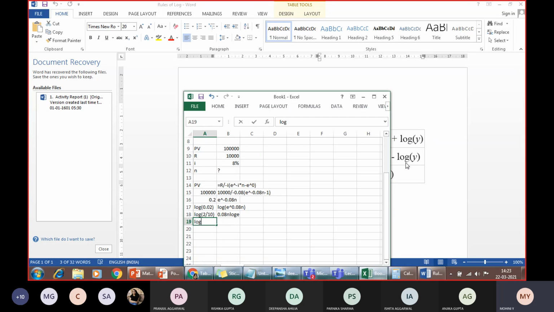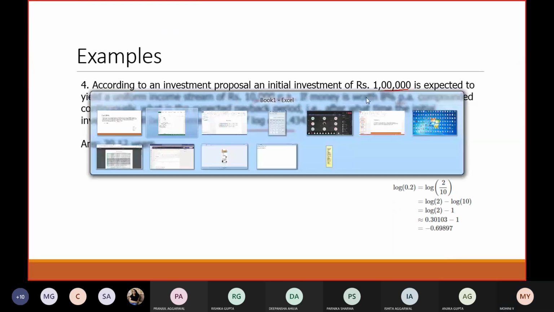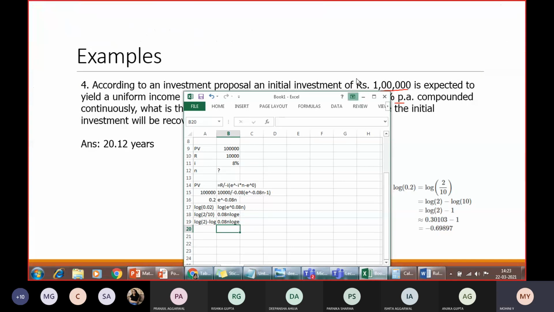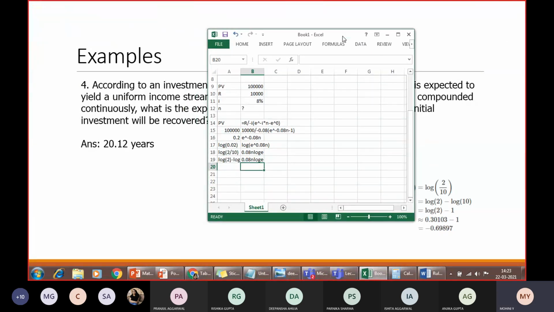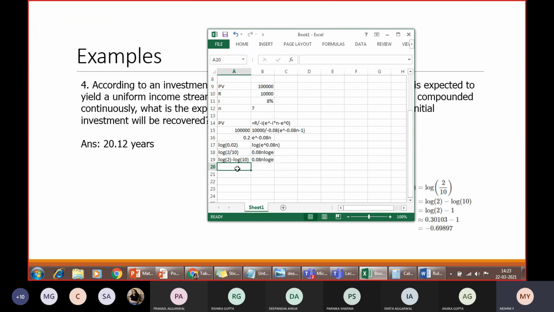So it will be log 2 minus log 10, और ये होगा आपका 0.08 n log e. ओके, सो log 2 की वैल्यू देखो, log 10 की वैल्यू देखो.